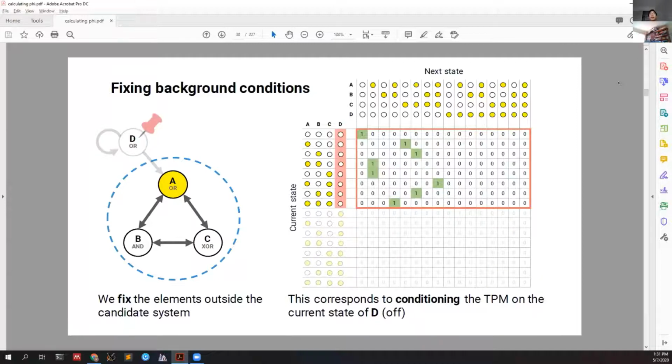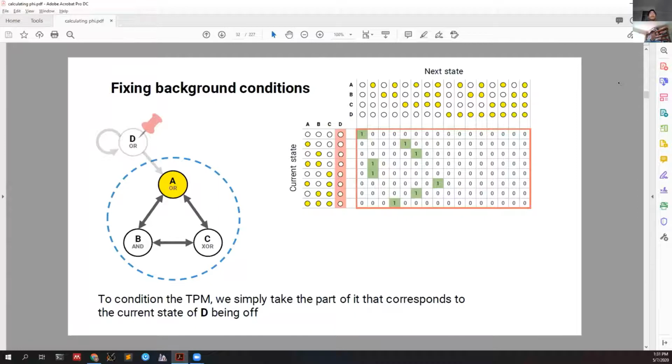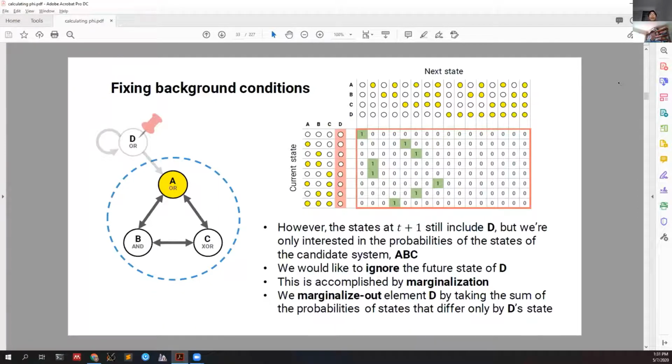So we can just ignore the other states and then simply take the corresponding part, the highlighted TPM part. By doing it, we focus on a case when this state is off at current time step. However, if you look at the next time state, there are still these elements.